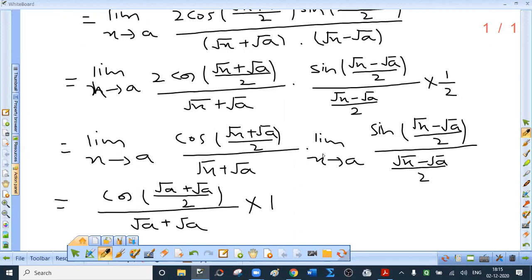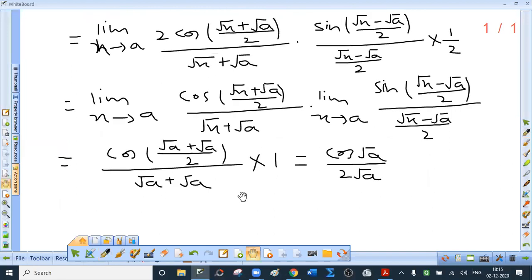Because all the conditions are satisfied. Angle is in radian. Angle tends to 0 because as x tends to a, the angle tends to (root a minus root a) upon 2, that is 0. And it is fully repeated in the denominator. So this is cos root a upon 2 root a. This is the final answer.